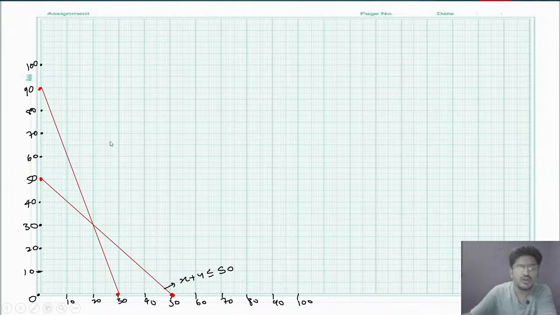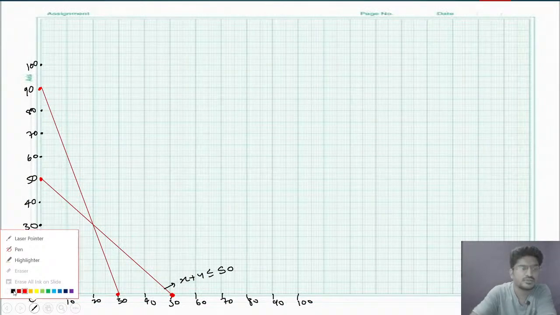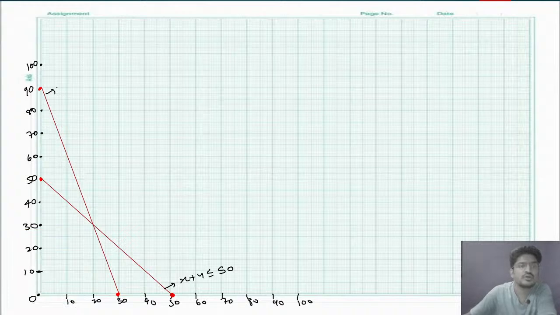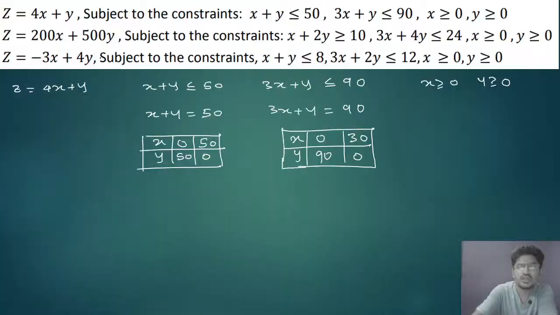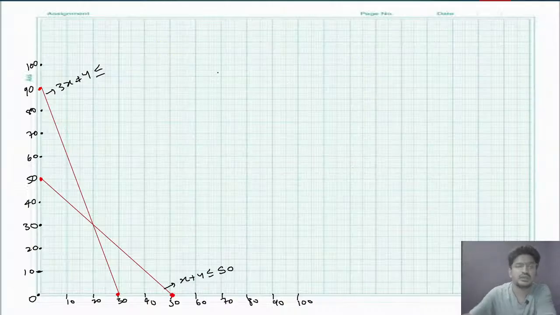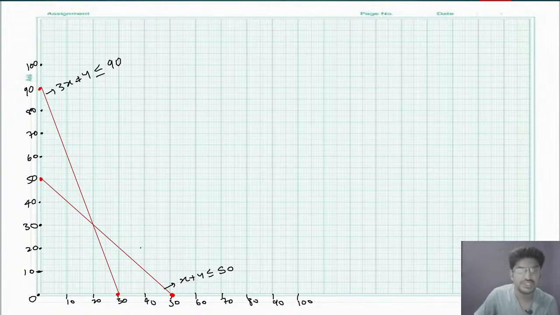So now check true or false. So this is 3x plus y lesser than or equal to 90. So put 0, 0. 0 is lesser than or equal to 50.